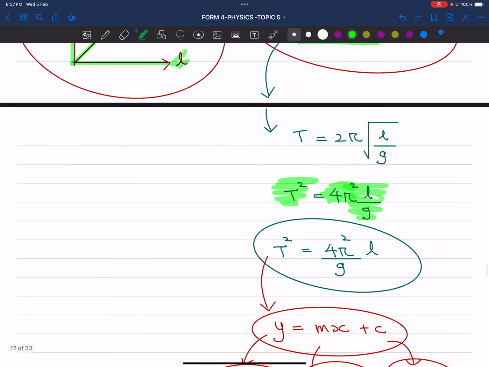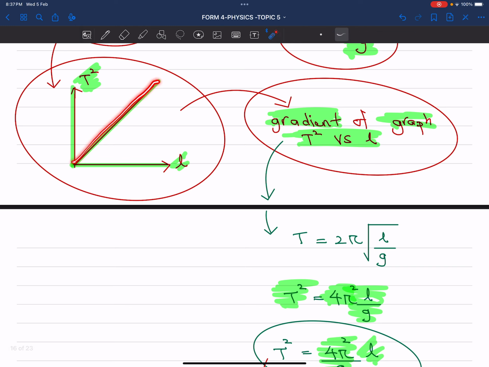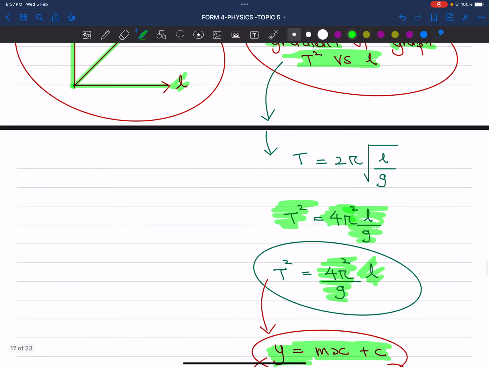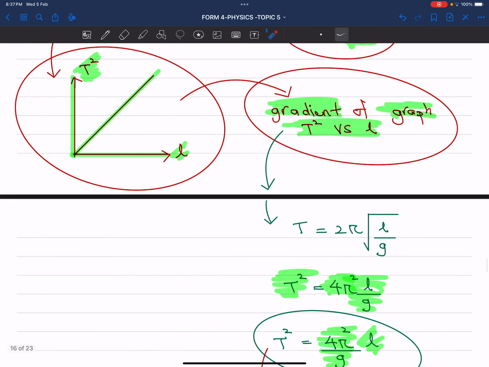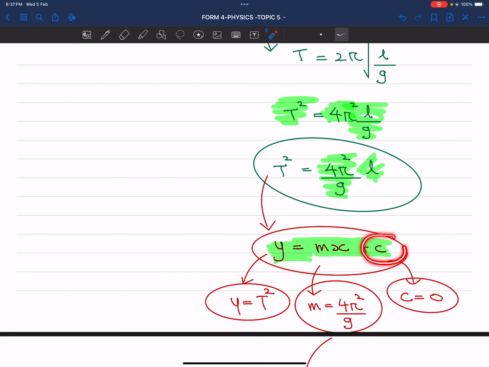I'm just going to rearrange the T squared: 4 pi squared over g, I collect together, and then the L, I put separately. Because it is a straight line, the graph must be y equals mx plus c. Because the graph goes through the origin, the y-intercept c is 0.